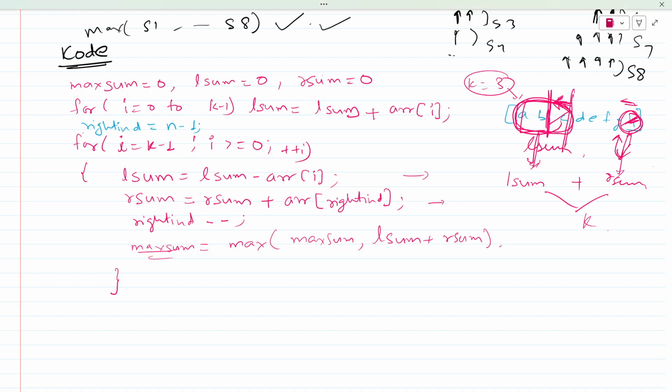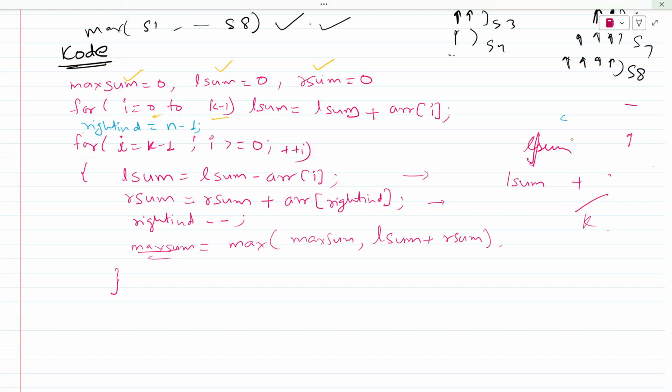So guys, this is the code for the question. Let me explain again. We have taken maxSum, LSum and RSum, variables initialized with 0. Then I have iterated a loop from 0 to k for calculating the sum of the starting k elements from the left hand side, and stored it in LSum.